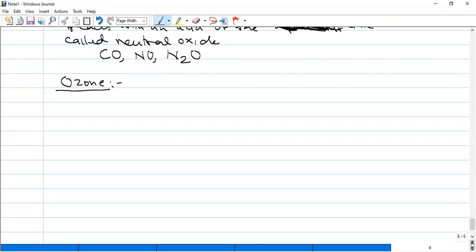We'll see what is ozone, preparation of ozone, physical properties of ozone, chemical properties of ozone, structure of ozone, and uses of ozone.